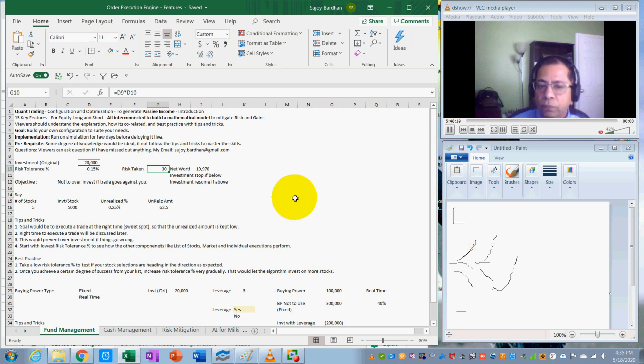So when you start this technique, do not set it up at, say, 1%. Don't do that. Even if you have $20,000 to invest, start at 0.10%, a very small amount. Why do you need to practice this?